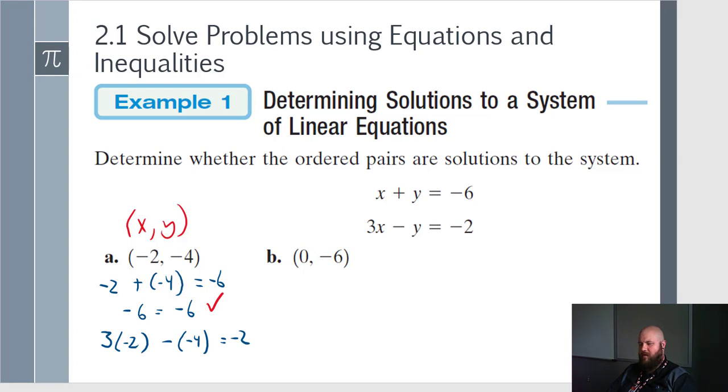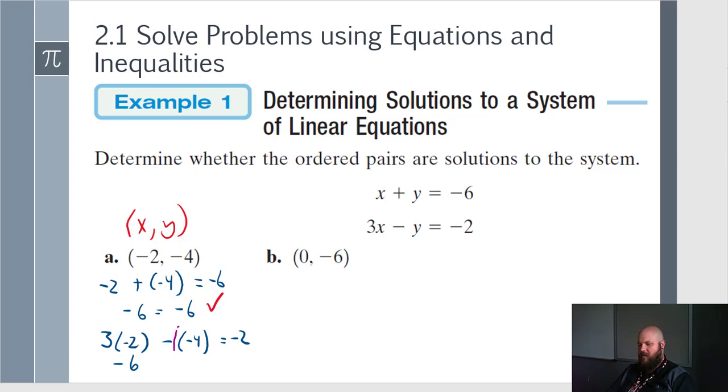So we have 3 times negative 2, which should give you a negative 6. And then you have minus a negative 4. Well, think about this. If you ever see this, and you have a minus in front of a negative like that, there's an imaginary 1 value right there. And that is like saying negative 1 times a negative 4, right?